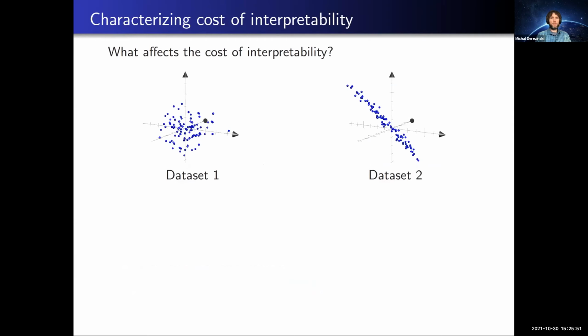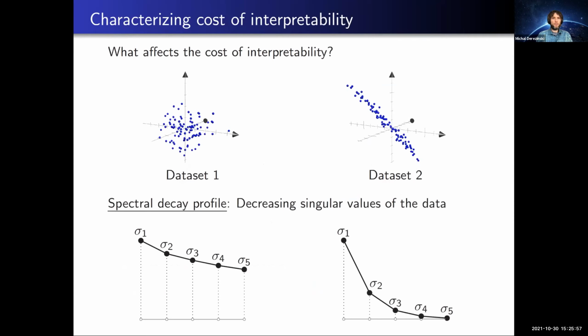Well, first, we need to be able to easily characterize such properties of the data. For this, we can use the so-called spectral decay profile, which looks at the magnitude of the largest directions of variance in the data, represented mathematically as the singular values of the data matrix. To illustrate the structure of the data set through the spectral decay, we can plot the singular values in decreasing order.